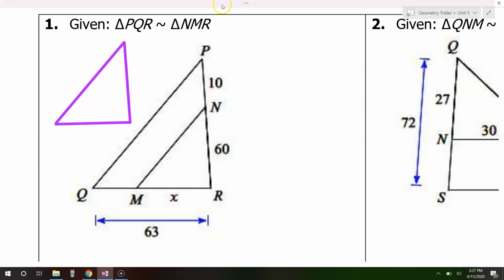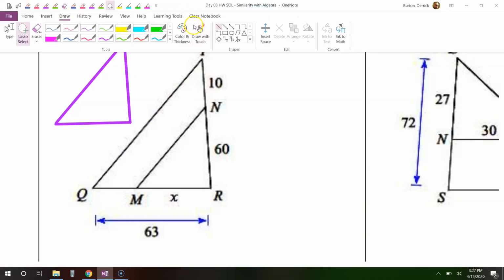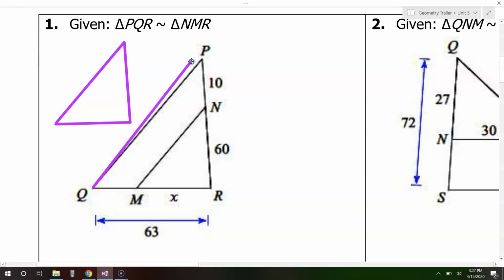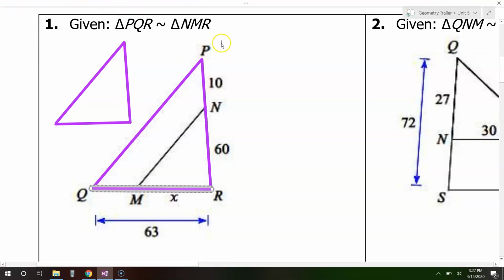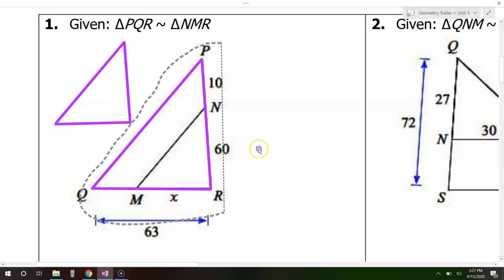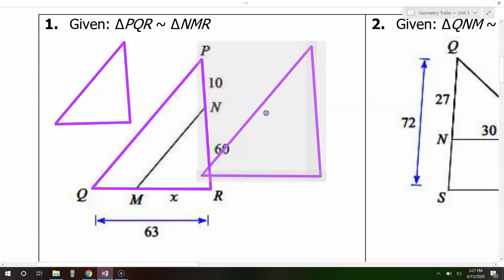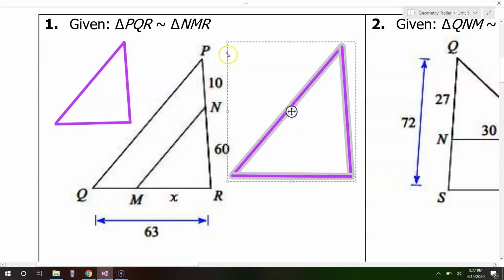And now I'm going to take the larger triangle that's on the outside, and I'm going to trace that. All right, and I'm just going to slide that over here.